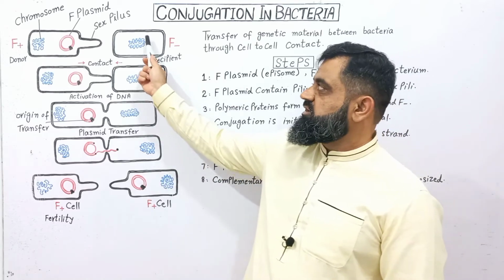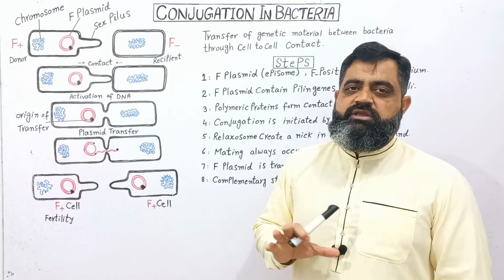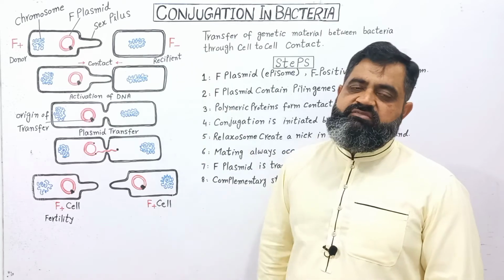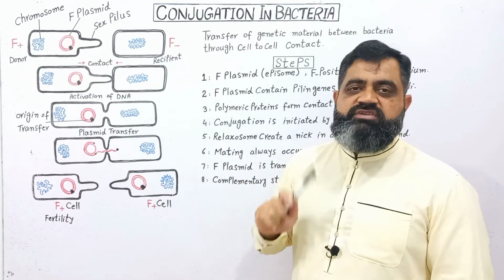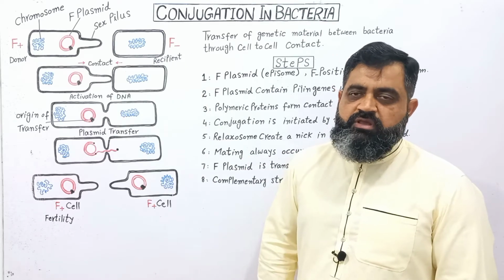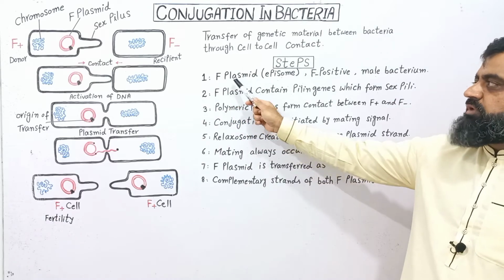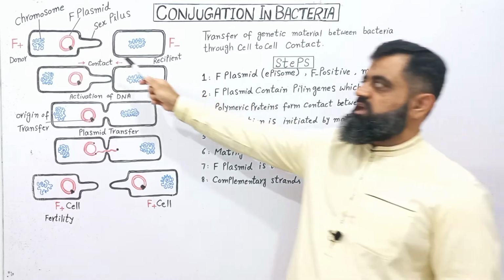It has only a single regular chromosome. That bacterium is referred to as F negative, and we will call it the female bacterium, which is usually known as the recipient bacterium.